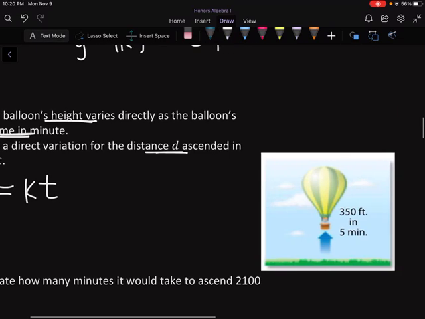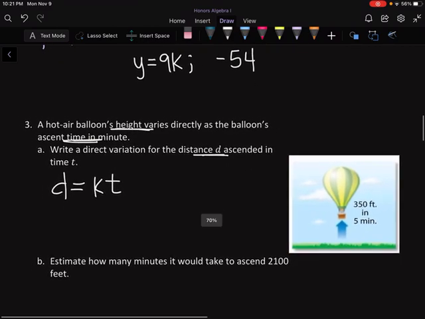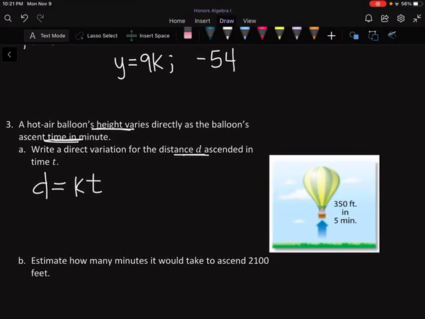Okay, so then I go over here to this nice little picture I have, and they say that in 5 minutes is 350 feet. So I know that 350 is my distance. I don't know my k, that's what I need to find, and my time is 5. And then I divide by 5.